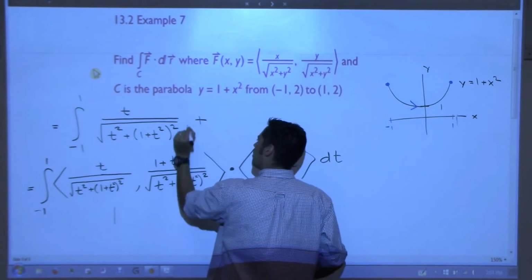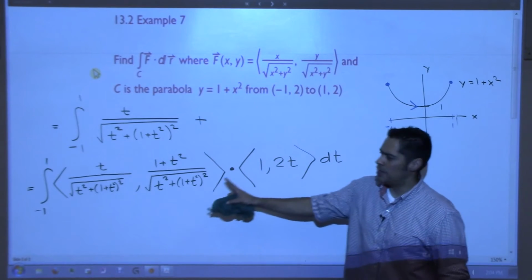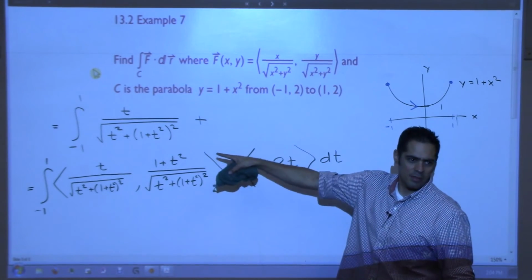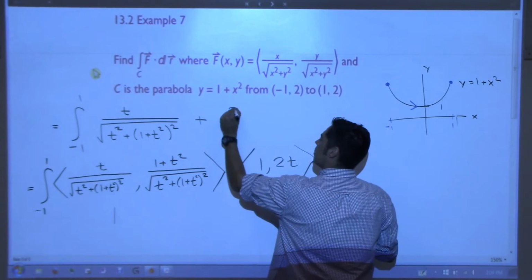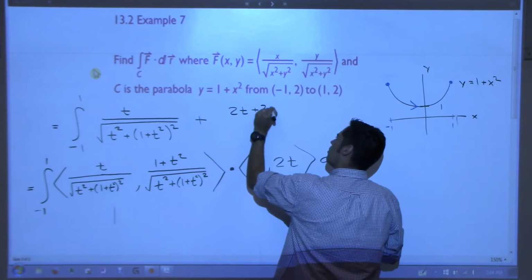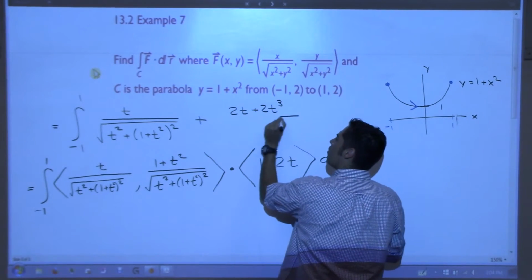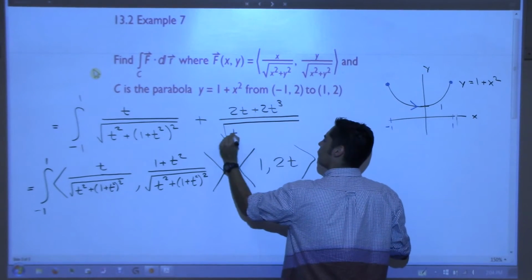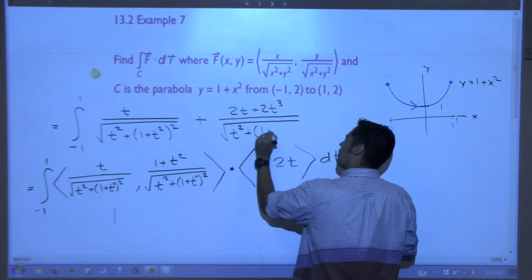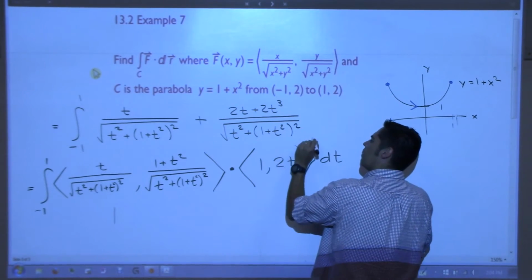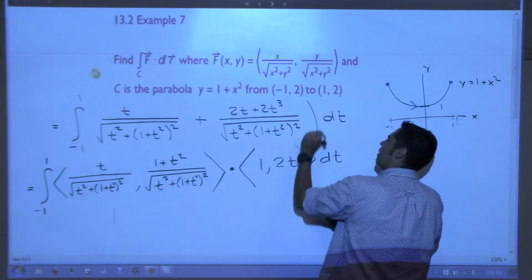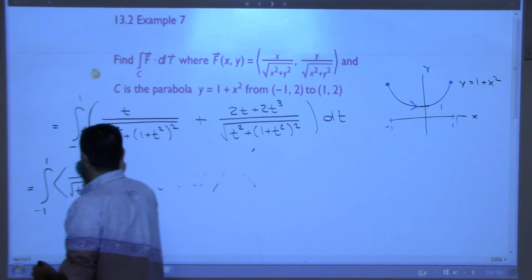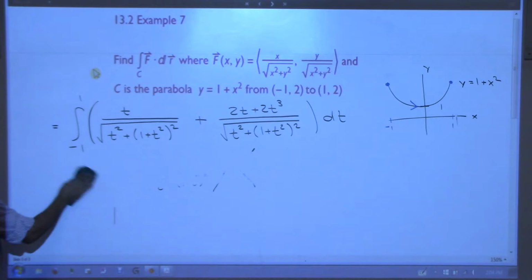But then plus, now this times this, which the 2t is like on top, so it just passes through and just becomes 2t plus 2t cubed over the same thing. All of this dt. How are you feeling about that integral? That seems a little ugly.